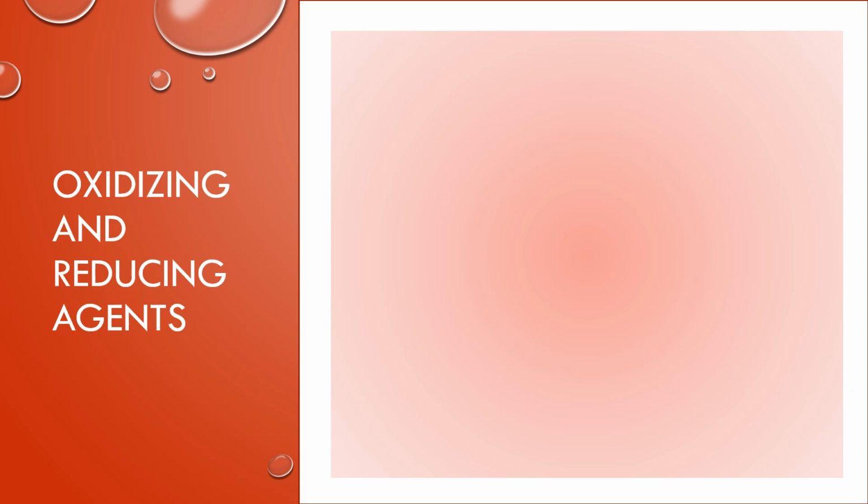If the oxidation number is going down, it's being reduced. If it's going up, it's being oxidized. Now we can also define redox reactions in terms of oxidizing and reducing agents. So let me write out an example. Let's say I have zinc plus hydrochloric acid forming hydrogen gas and zinc chloride. You can still use oxidation numbers to track what's being oxidized and reduced.